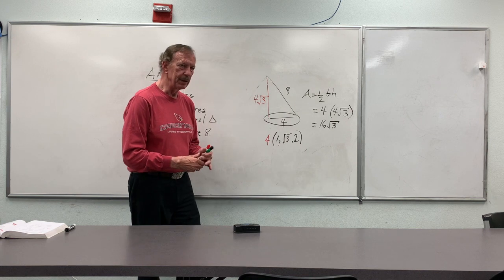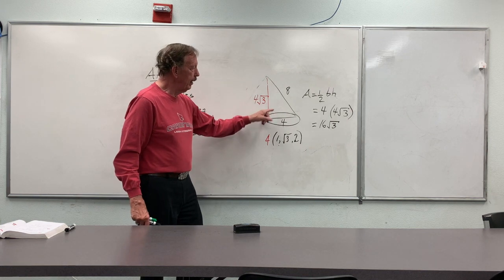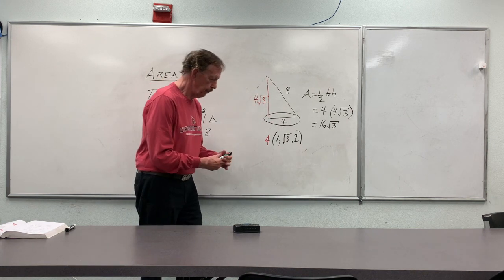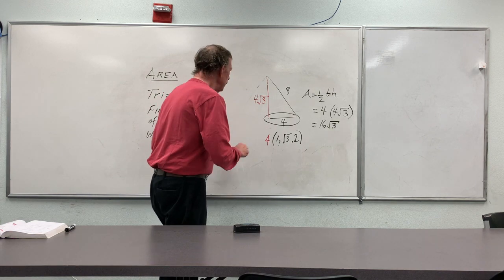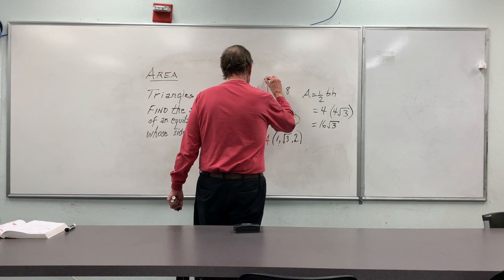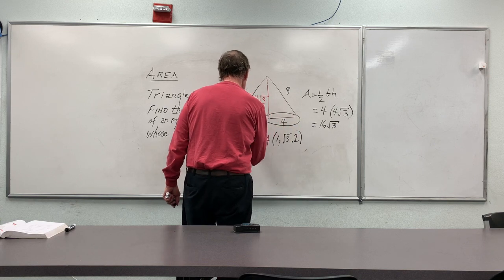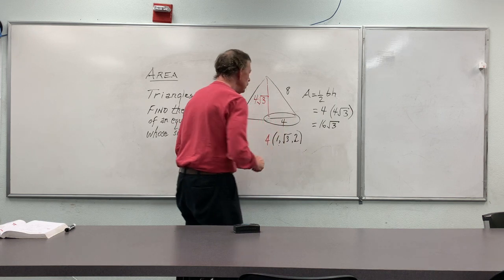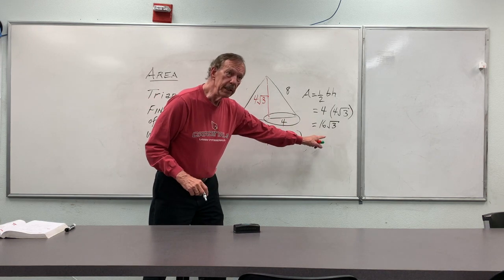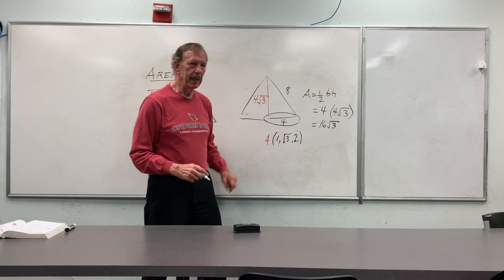And there you have it. The area of this triangle, the whole thing, including the part we erased, is 16 times radical 3.